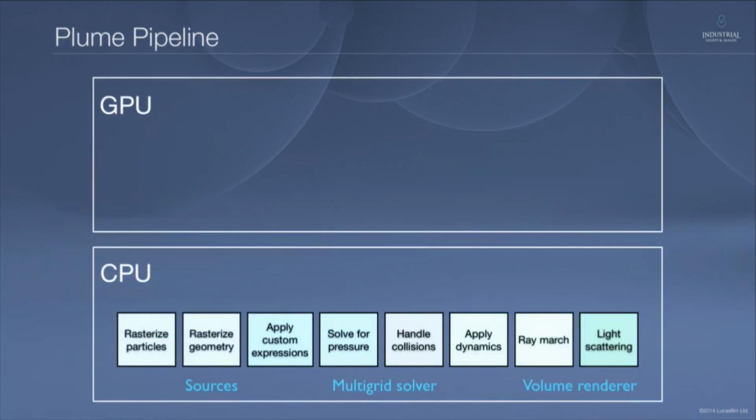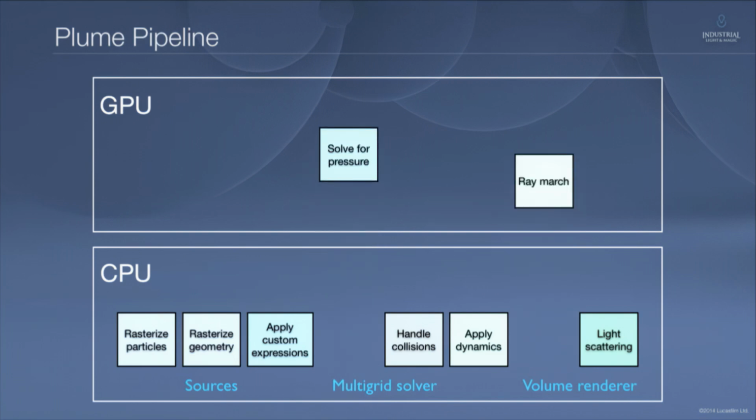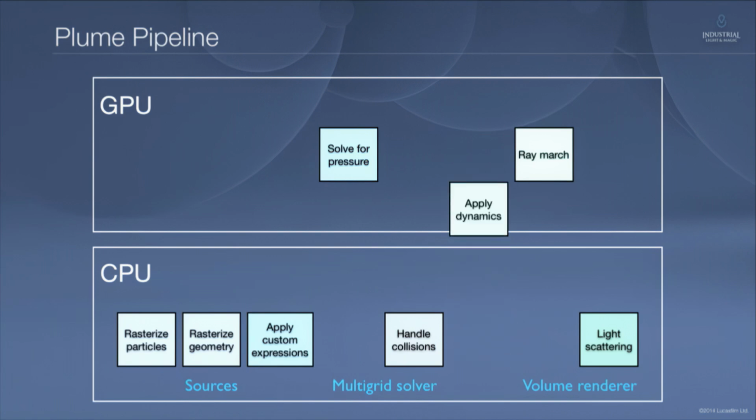So let me tell you a little bit how Plume is unique compared to other tools, why we think it's unique. A lot of other tools that try to leverage the GPU to accelerate the actual authoring process usually go for one module or maybe a few modules, maybe the pressure projection or the volume renderer, or maybe a specific expensive module in the dynamics.